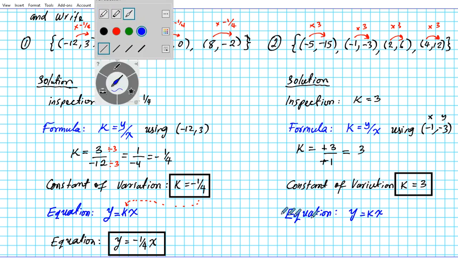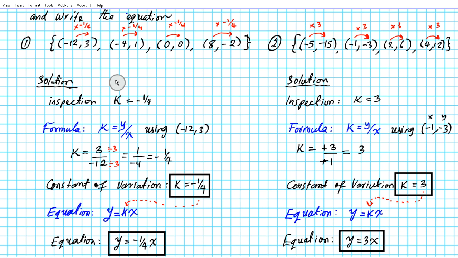To get our final equation, all we're going to do is take the k value that we got and plug it into this equation. This 3, we're just going to plug it right here. Our final answer will be y equals kx, k is 3, so y equals 3x. And this, ladies and gentlemen, is the answer to question number 2.